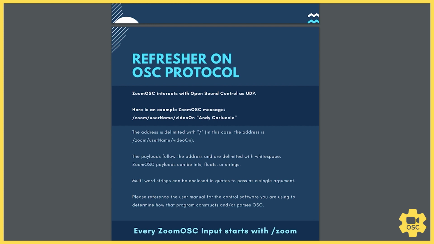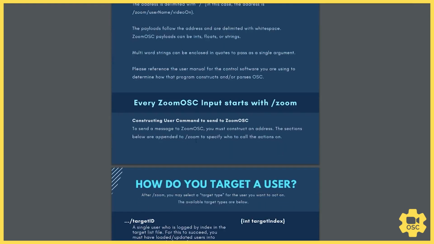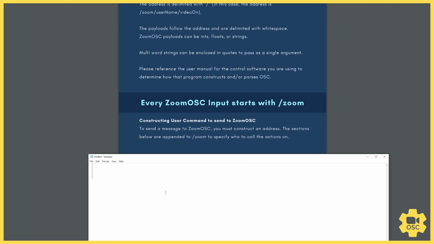And white space is used to delimit payloads in most applications. Strings are usually enclosed in quotes to say, even though there's a space between Andy and Carluccio, we want to send it as one argument, Andy Carluccio as my username. And then in ZoomOSC, every input starts with /zoom. So when you're building or sending a command to ZoomOSC, you always start with /zoom.